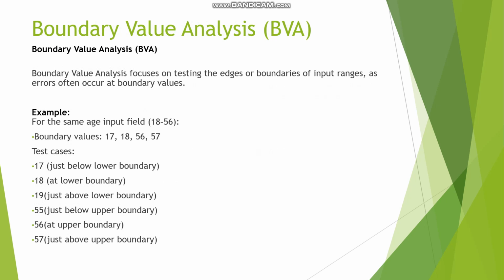And 19 and 55. 17 is just below lower boundary, 18 is at lower boundary, 19 is just above the lower boundary, 55 is just below the upper boundary, 56 at upper boundary, 57 just above upper boundary. So these 6 test cases we can write using the boundary value analysis.